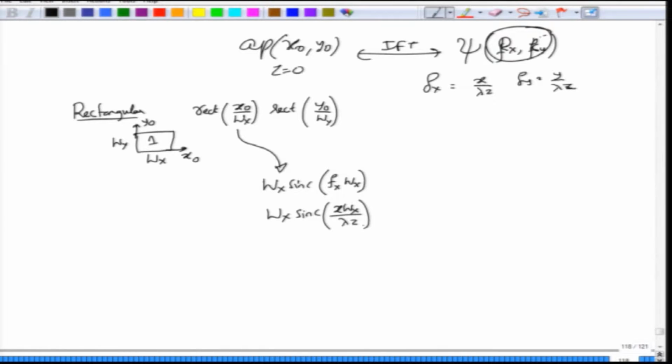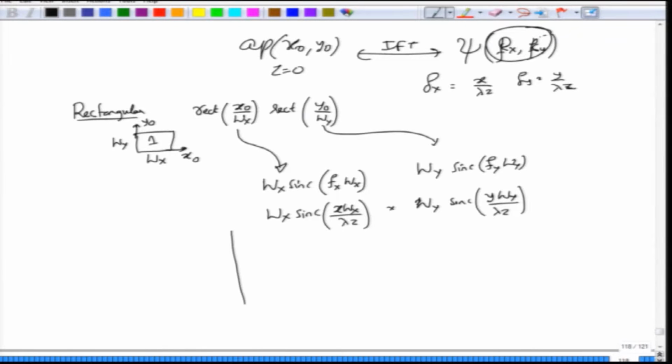Okay. So, this is the expression that you are going to get. Similarly, the rectangular function along the y direction would give you w y sinc of f y w y, okay, and this can be written as w y sinc of y w y divided by lambda z. Okay. So, this is all in terms of f x and f y being replaced in terms of x and y. So, overall it will be the product of these two, okay.